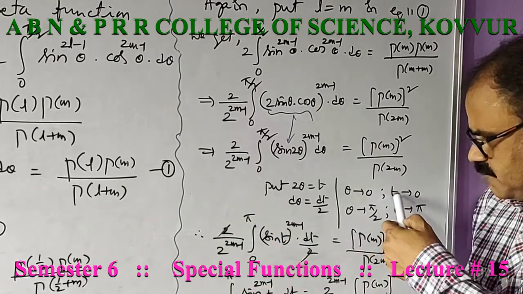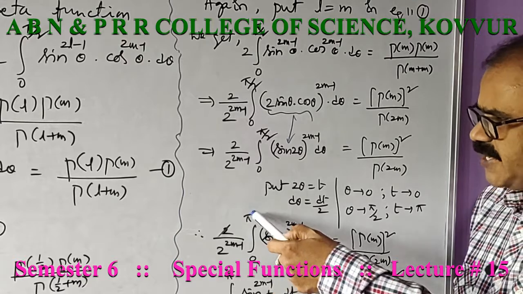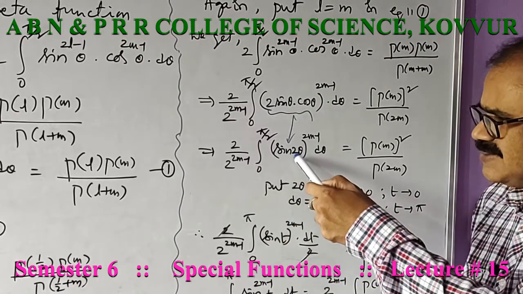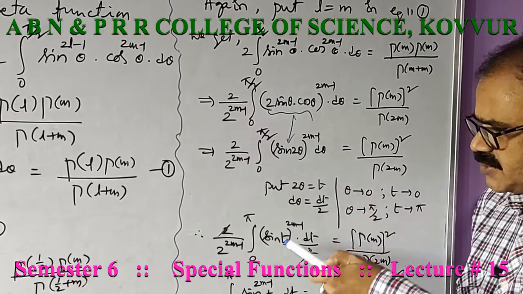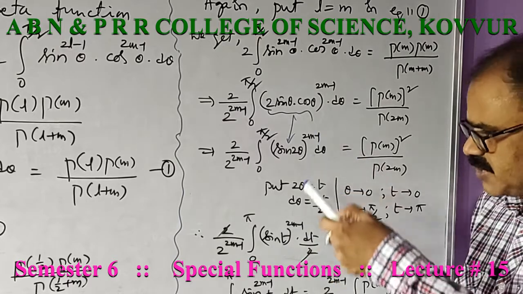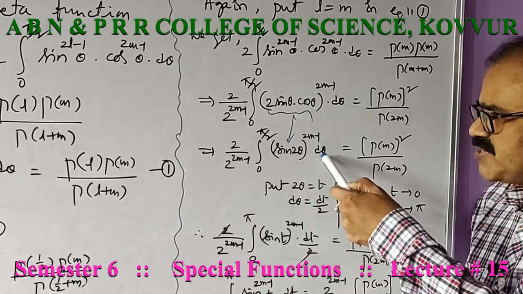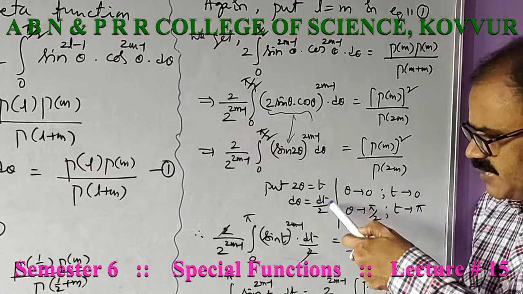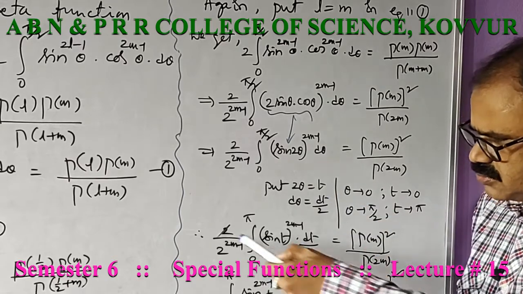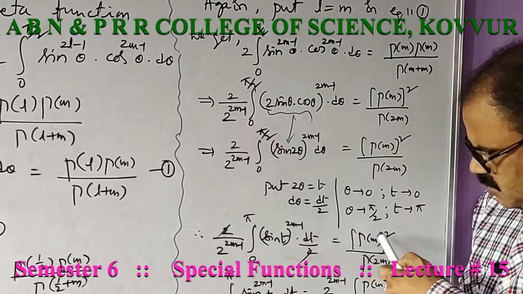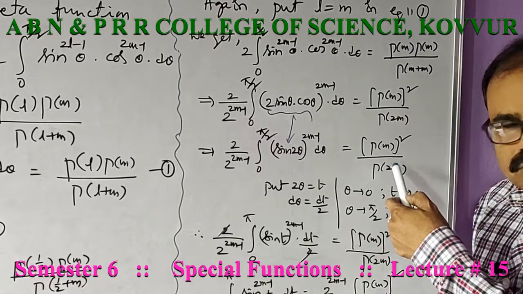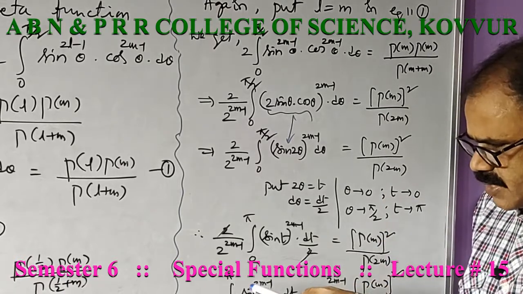Now t limits are 0 to pi. 0 to pi sin t, in place of 2 theta we have taken t. So sin t whole to the power of 2m minus 1. In place of d theta we have dt by 2. This 2 gets cancelled, and the right hand side remains the same, gamma m whole square by gamma 2m.